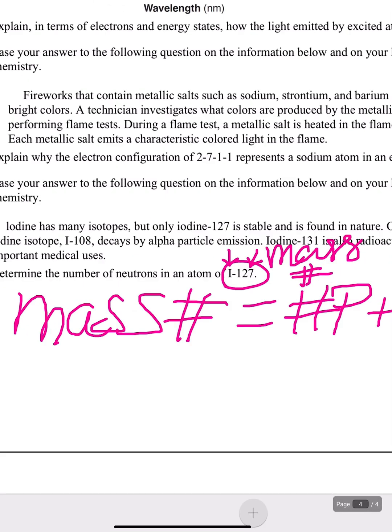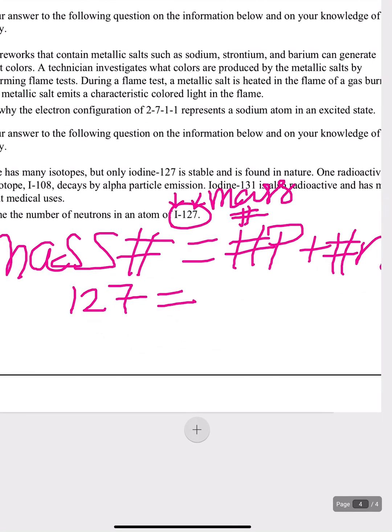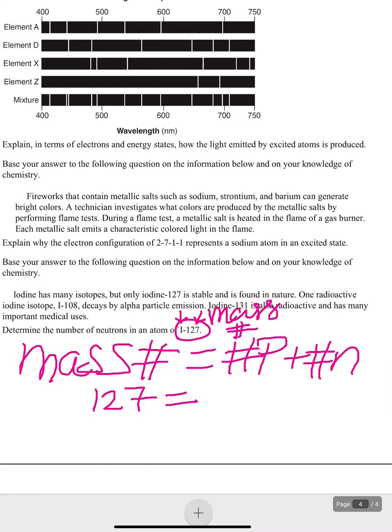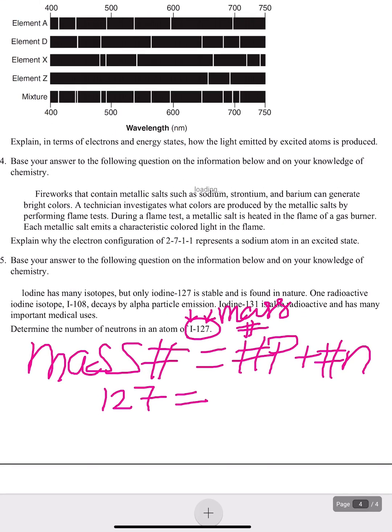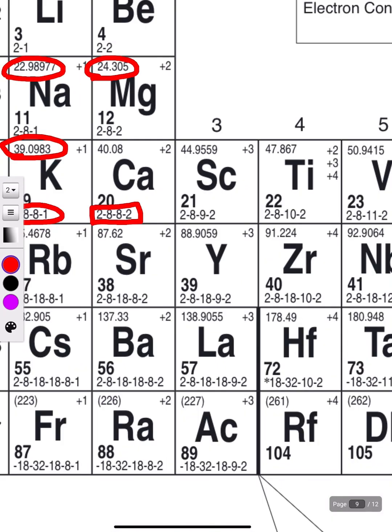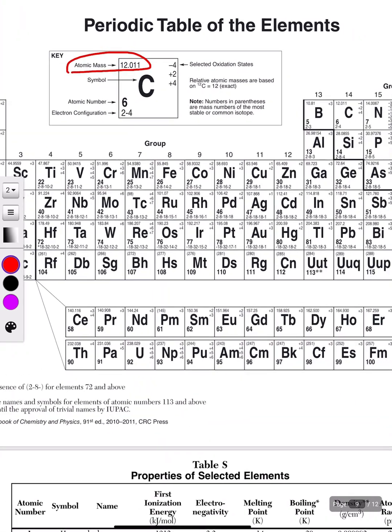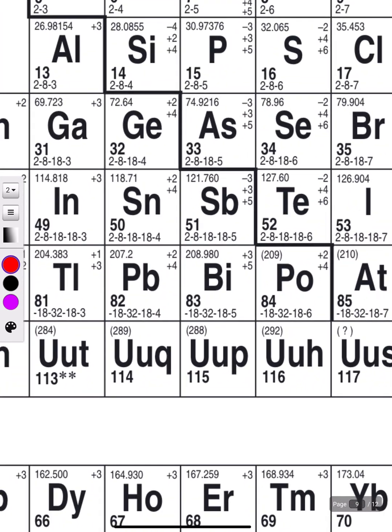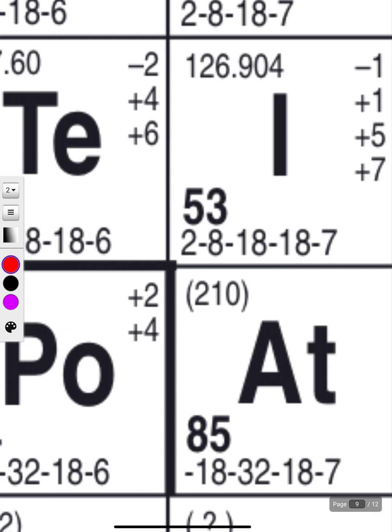So I'm going to start plugging it in. My mass number is 127, and it's equal to number of protons plus number of neutrons. It's not given in the question, but the identity of the element is. So I'm going to go to the reference table and look for I. It's over here. I'm going to circle the number of protons, which is 53.